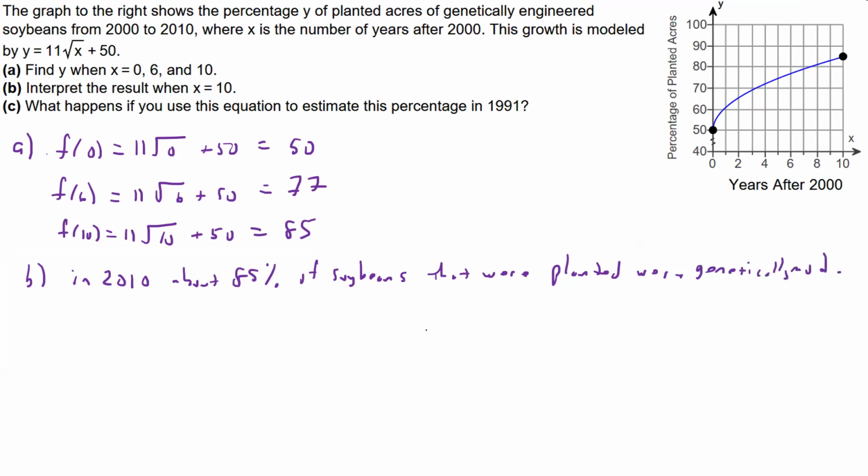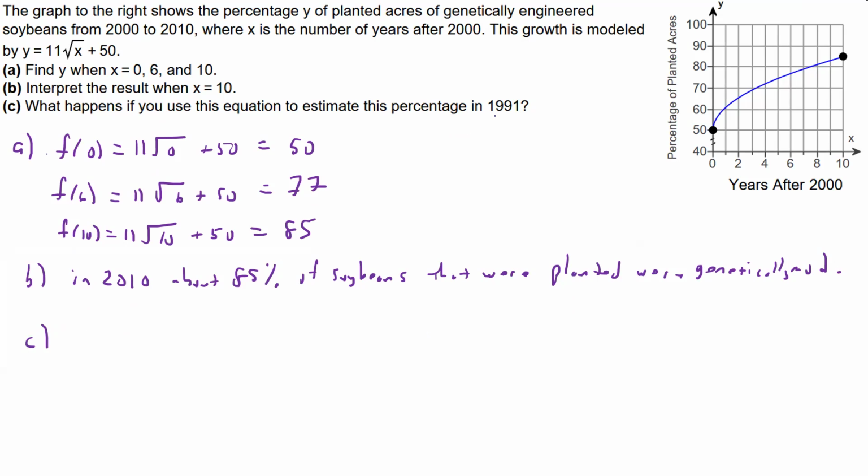So that is what it means for x equals 10. And then for 6, which would be 2006, about 77% were, and at time 0 about 50% of them were.